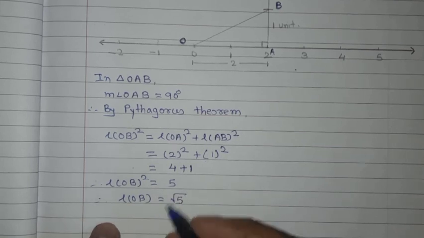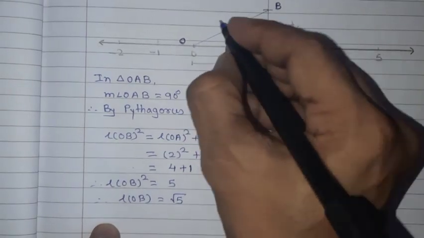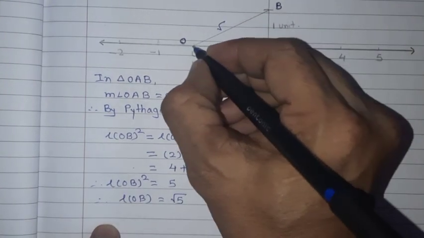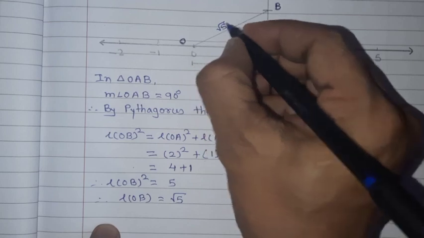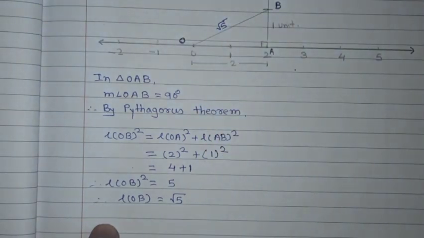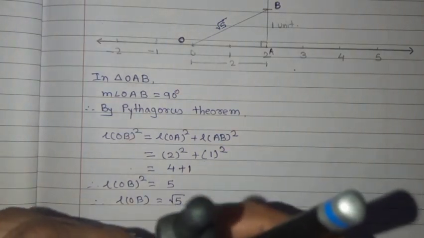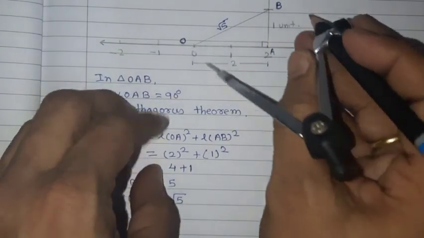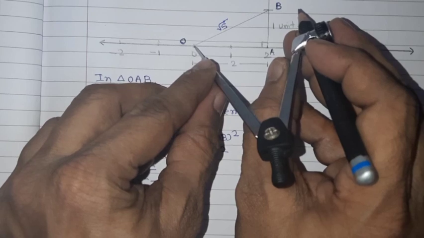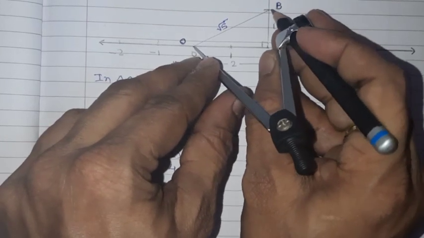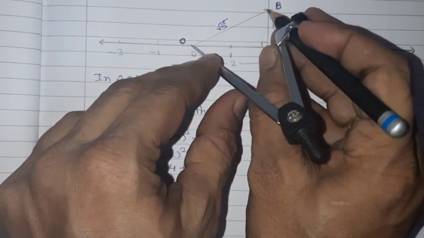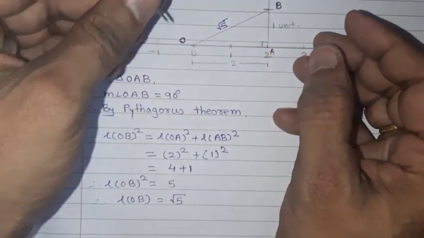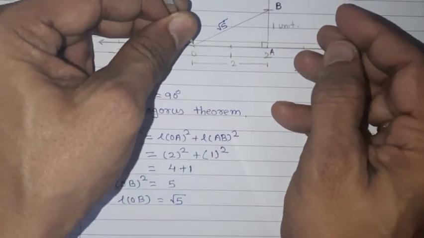Now dear students, we got the length OB. The distance between O and B is root 5. Now we have to represent this root 5 on a number line. Therefore we have to put the metal point on O and pencil point on B, and that means the distance between these 2 points is root 5.